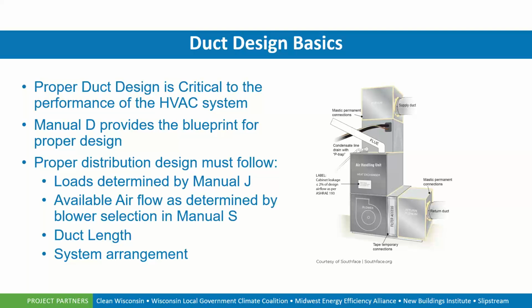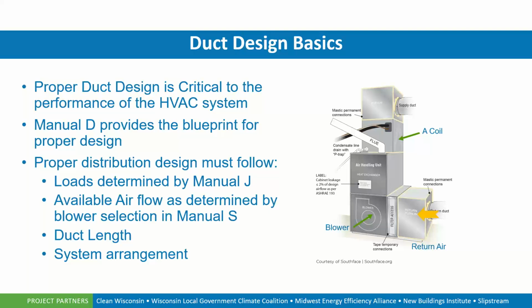That Manual D document gives us an outline for proper design. Through proper design, the distribution system takes into account the loads from the Manual J, the airflow from the furnace as designed by the Manual S, duct lengths, and how the system is arranged. So we have to know the blower motor, how much capacity it can give out, our air conditioning coil, how much air we can get across that coil in a given amount of time into our ductwork.